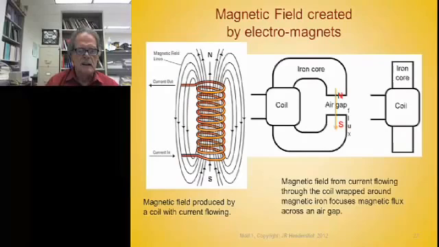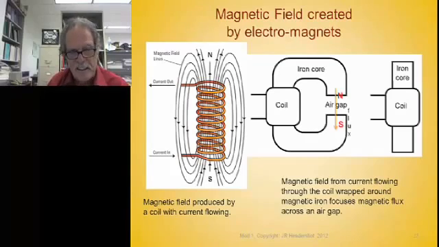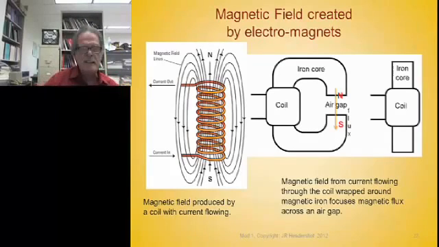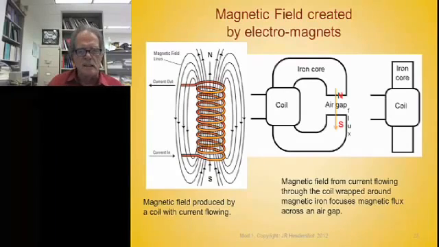Now, we've all studied the theory of why, when you have a current flowing in a conductor, there's a magnetic field around it, the right-hand rule and all that. But let's think about it in a physical way and look at a picture and try to get a feel for what's going on here.